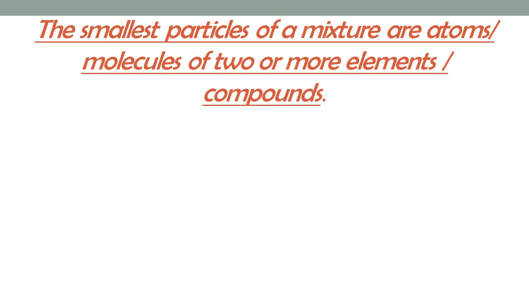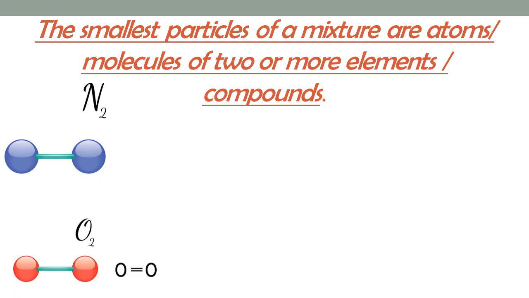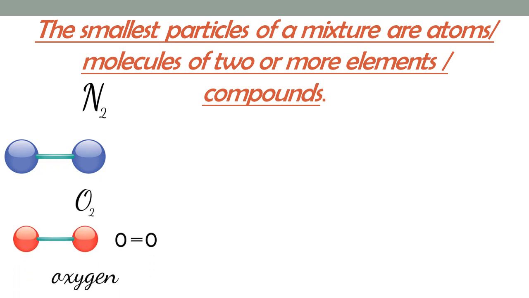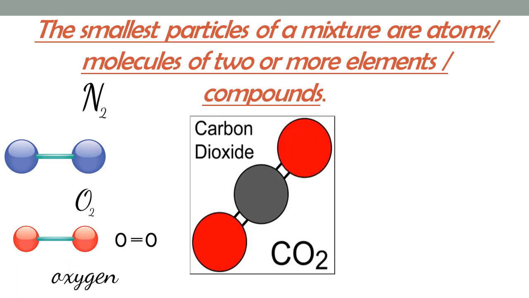The smallest particles of a mixture are atoms or molecules of two or more elements or compounds. For example, N2, nitrogen, in which two atoms of nitrogen are present. Again, oxygen, in which two atoms of oxygen are there.